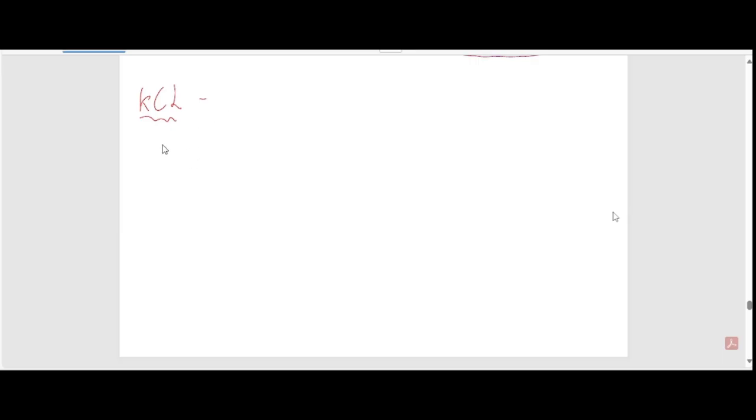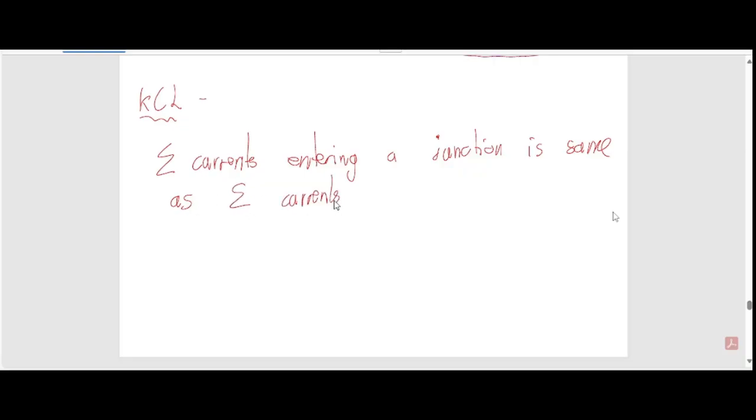All this is: the sum of the currents entering a junction is the same as the sum of currents leaving. That's literally what it is.